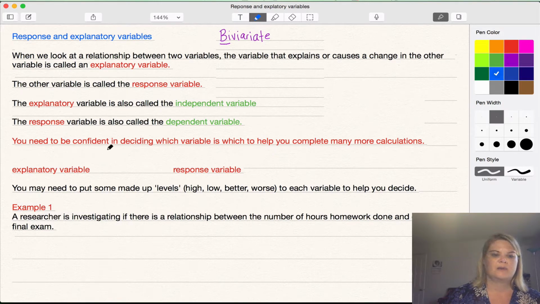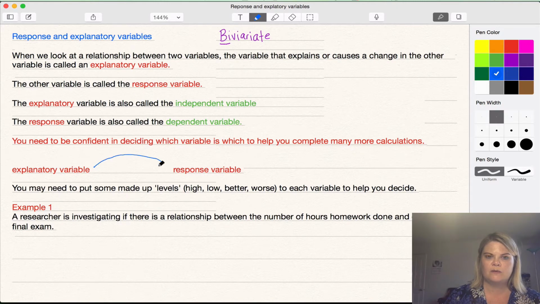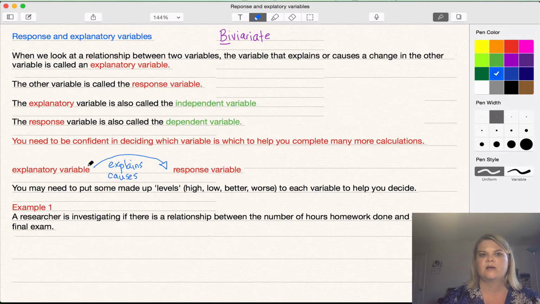I've got a little diagram that I like to use to help me understand it, and it comes from this sentence here: the explanatory variable explains or causes the response variable, and the direction of the arrow here is really important.